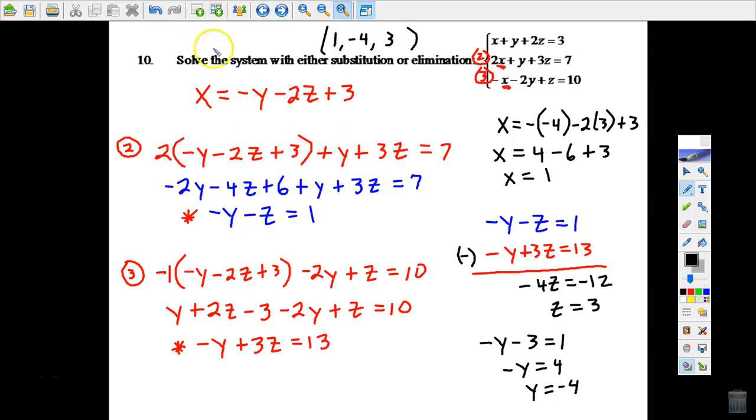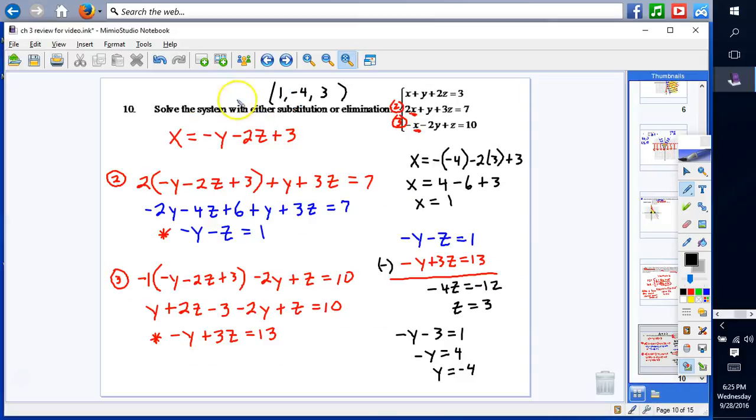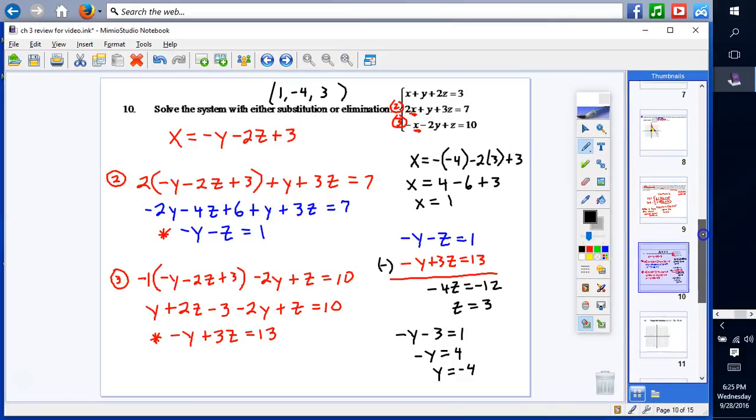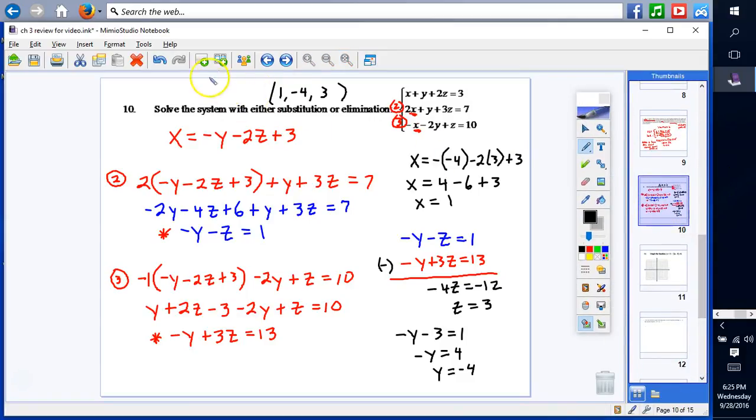Well, let me just copy this, and we'll just make a new slide and we'll work through it using elimination. Alright, so give me just a second. Alright, so I'm just going to erase what I've got here.